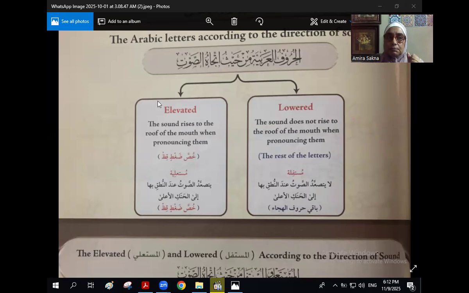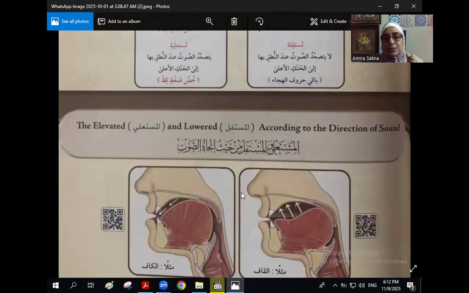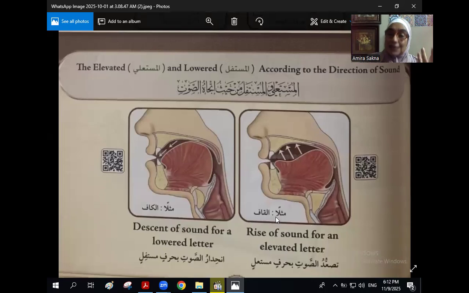Now, let's see a chart to explain an elevated letter and a lowered letter, to know the difference between an elevated musta'li letter and a lowered mustafil letter.